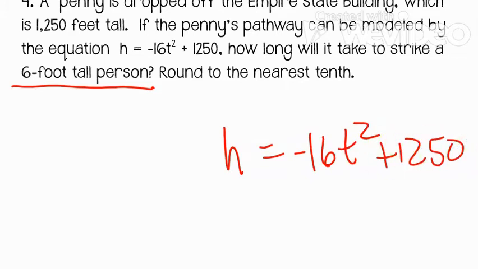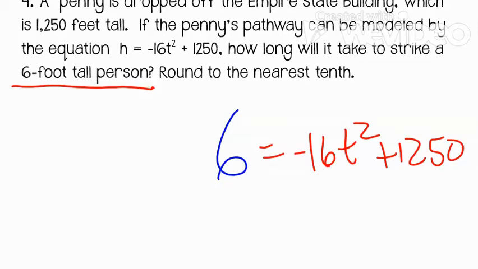When something hits the ground, that means the height is 0. That's standard form. But if I ask you when it will hit a 6-foot tall person, that's not standard form. You see that?